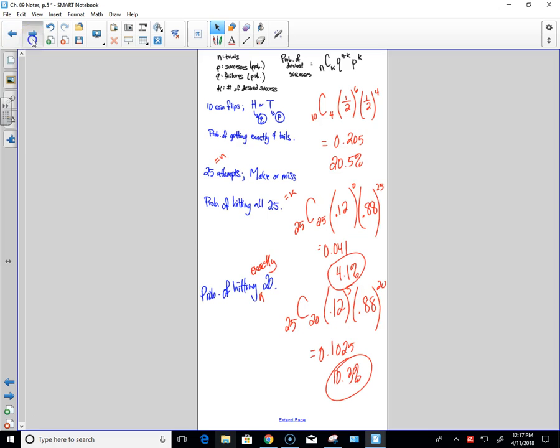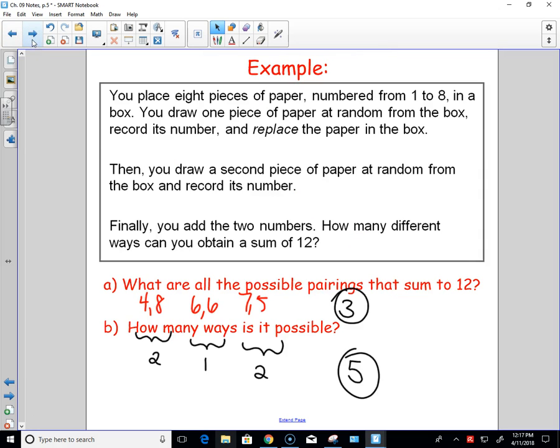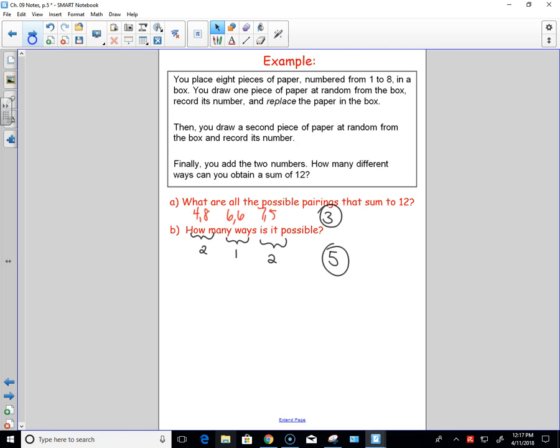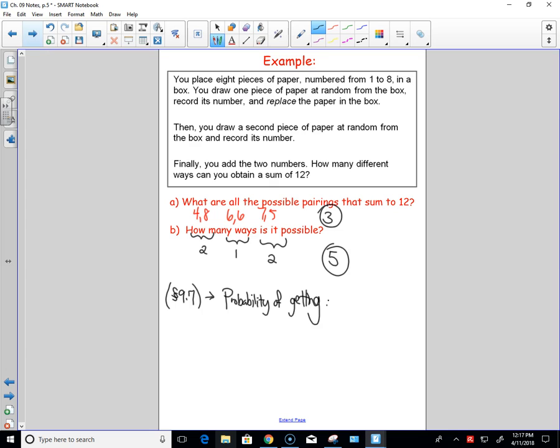So check it out. On this one, if I was to ask you for the probability, which is going to be section 9.7, of getting the two numbers that sum to be 12. The probability of getting two numbers that sum to be 12. So I can say getting a sum of 12.